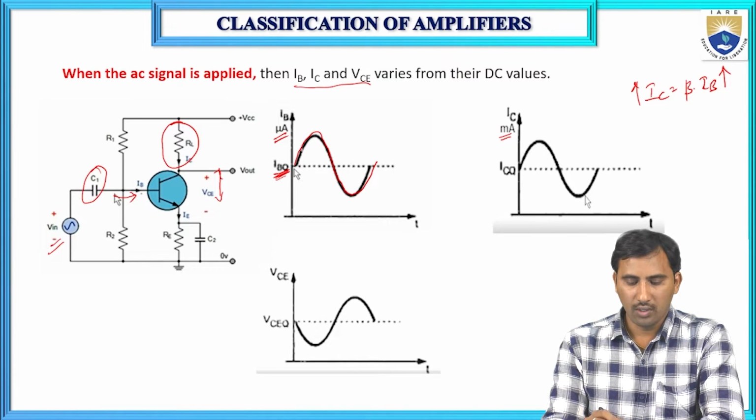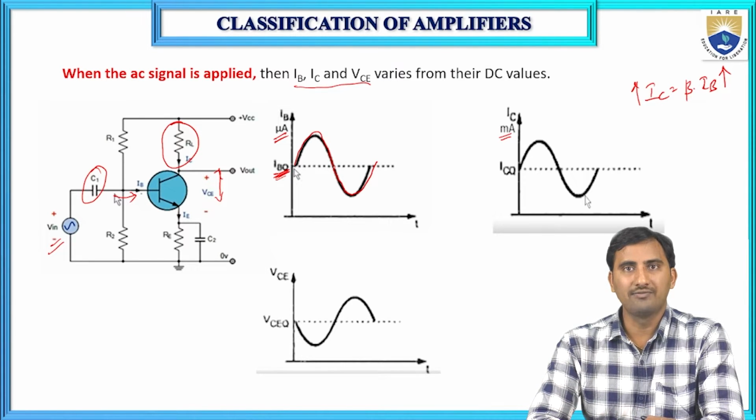Based on the variation of this base current with respect to its DC value, amplifiers are classified into two types. One is small signal amplifiers and the other is large signal amplifiers. In small signal amplifiers, the variation of the AC signal with respect to its DC value is small.